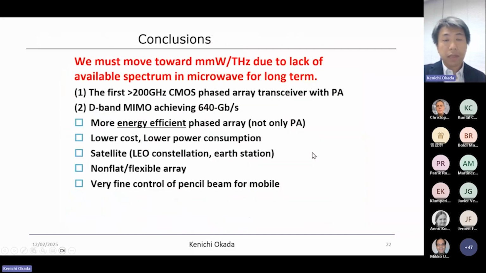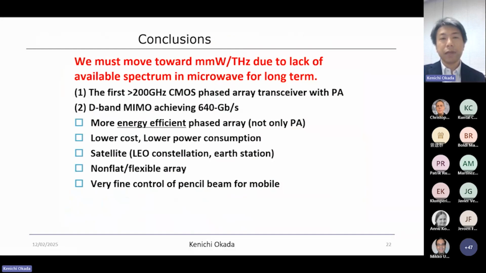Okay, this is the conclusion of my presentation. Now the millimeter wave and sub-THz is, I think, kind of ready for real service. I think we still have to solve some minor issues.